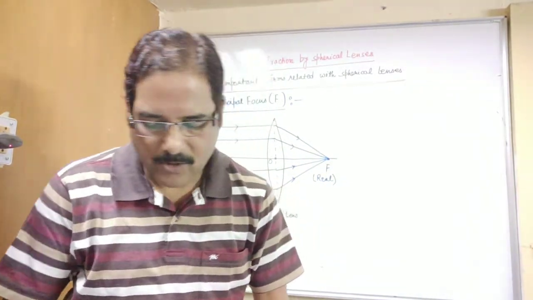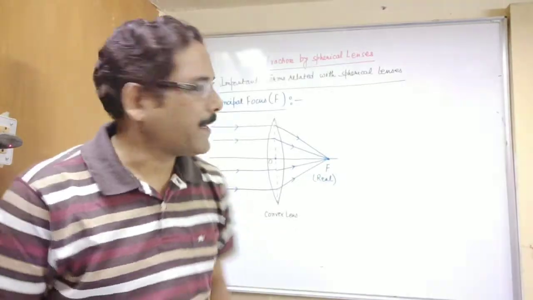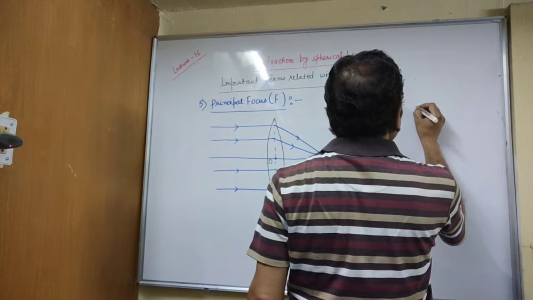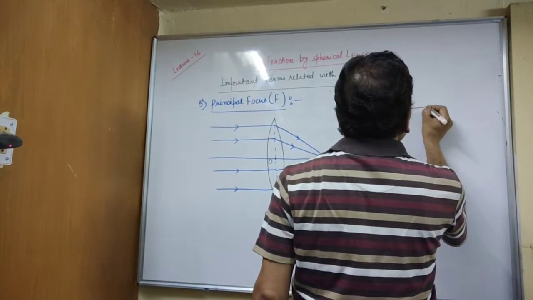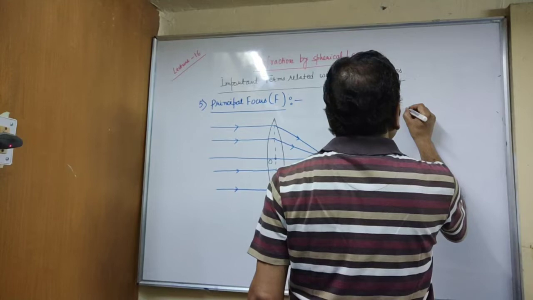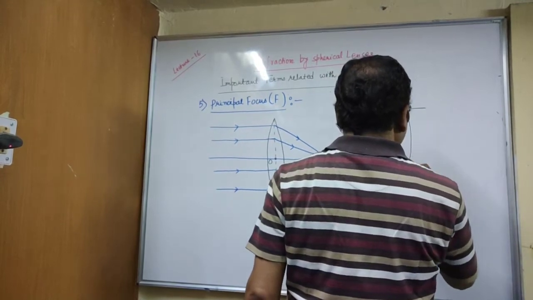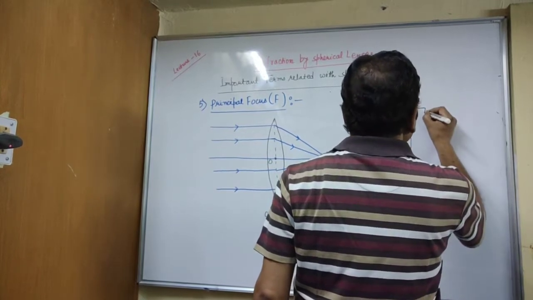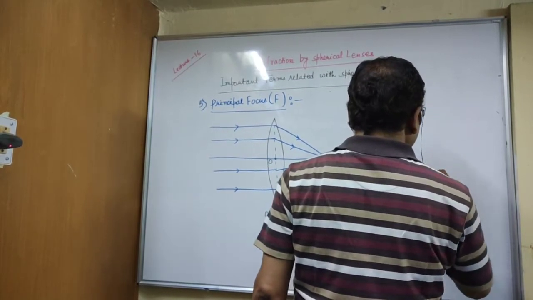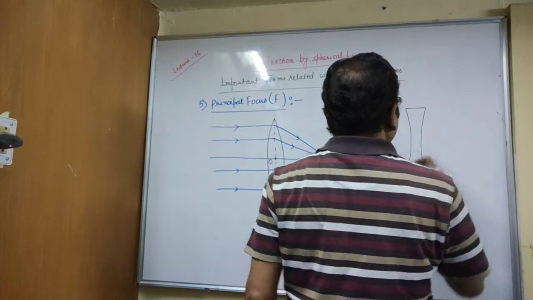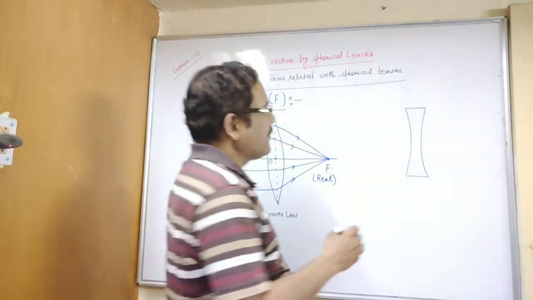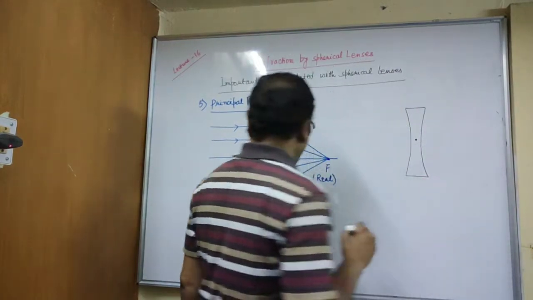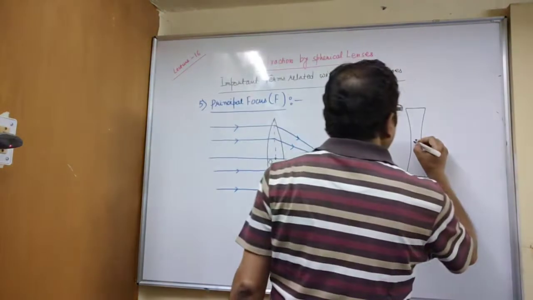Now you can show it in the case of a concave lens also. So we will draw a diagram for a concave lens. Draw a concave lens. Similarly, mark a point O at the center of the lens.